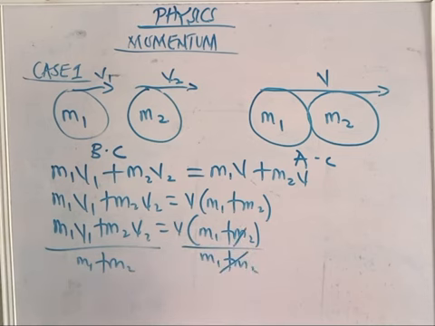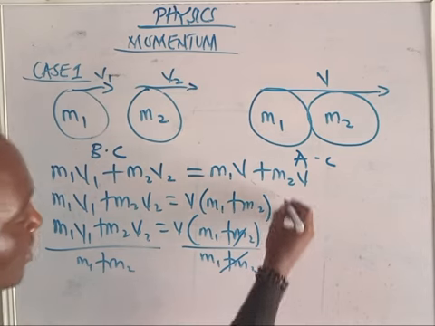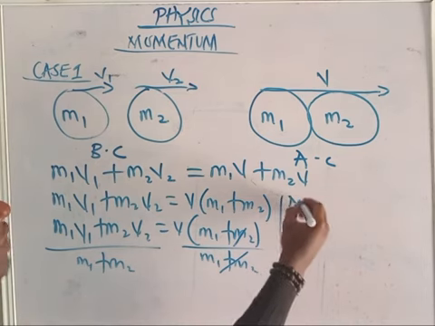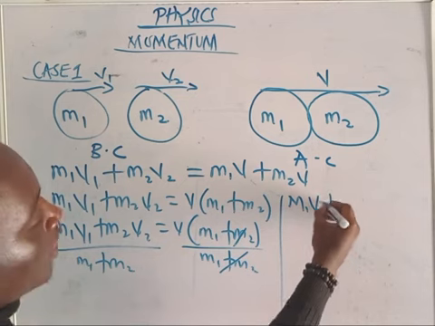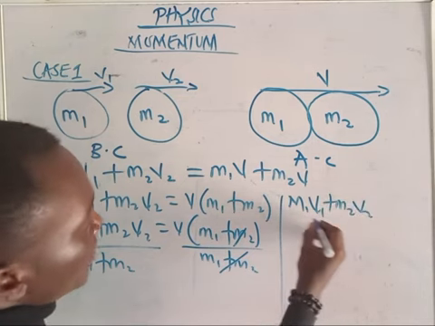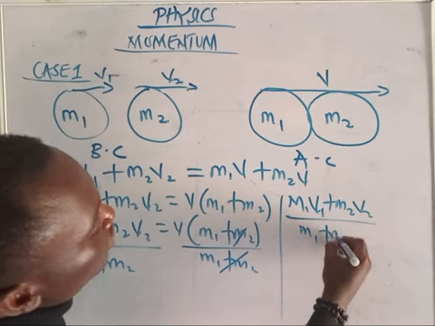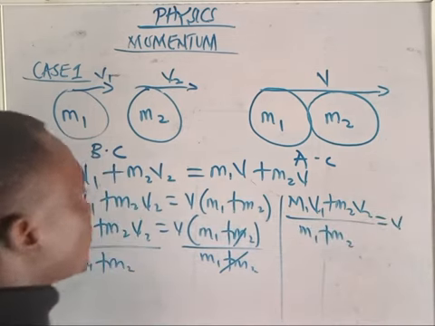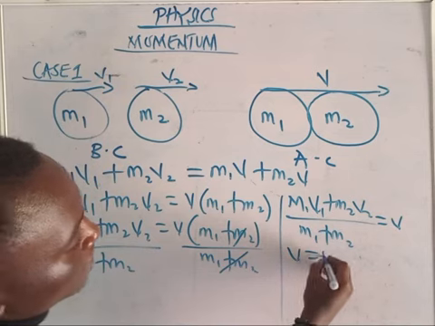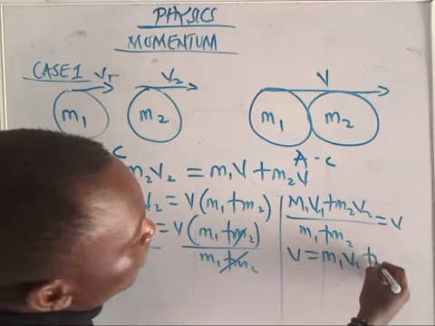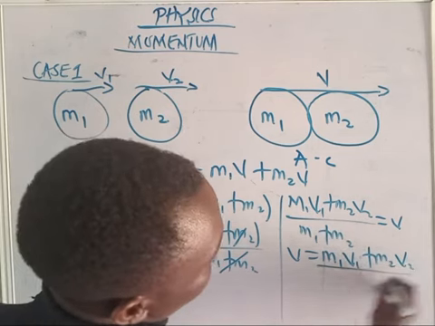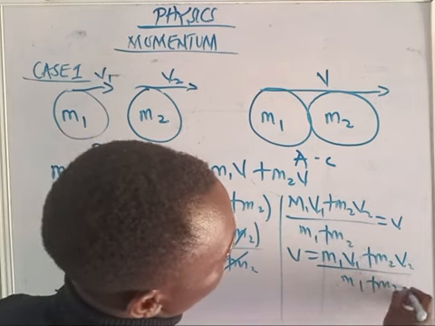So this cancels with this, and what is left is the value of the velocity: v is equal to m1 v1 plus m2 v2, divided by m1 plus m2. Quite cool.